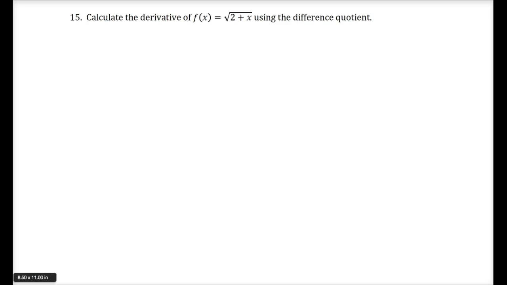When we see root functions like this, in particular the ones that are of even nth root, we have to approach evaluating the difference quotient a little differently. What we're going to use here is the strategy called a conjugate radical.